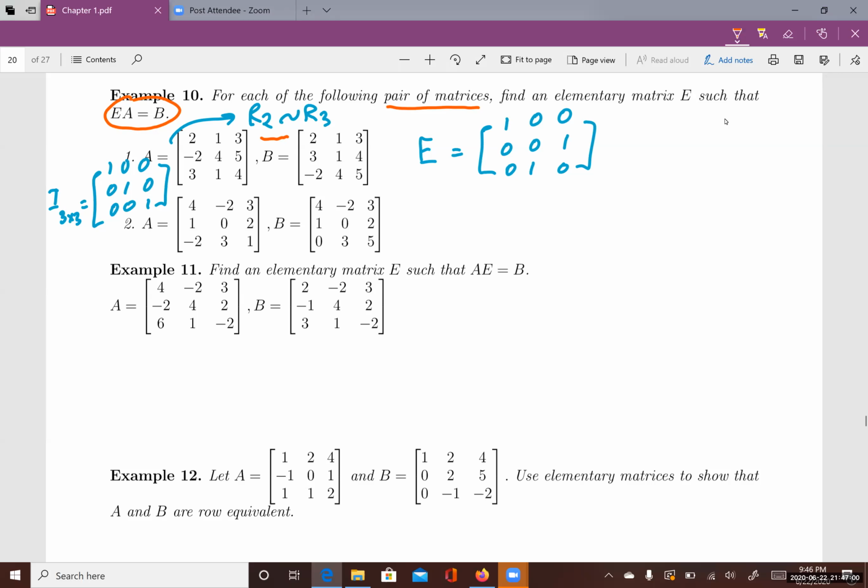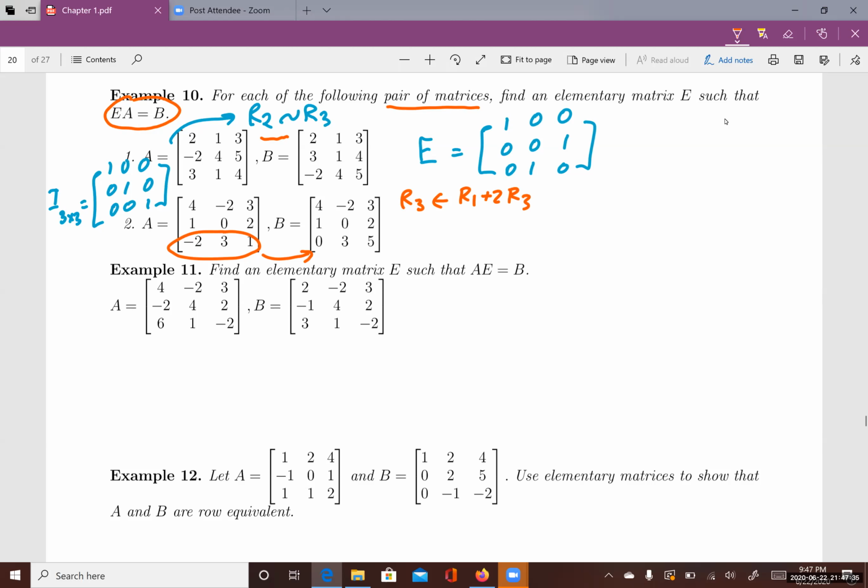Again, we look at rows. The first rows are the same, the second rows are the same, but the third rows are different. How can you go from this row to this row using one of the row operations? There are two possible ways. You can take row 3 equals row 1 plus 2 row 3.